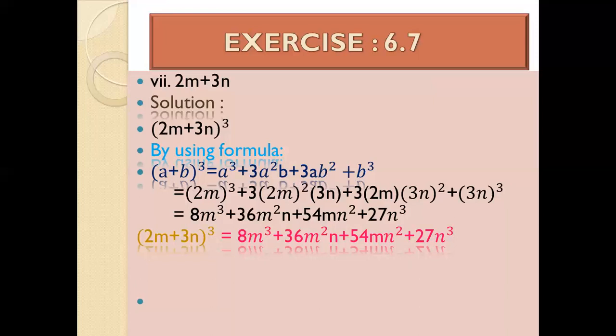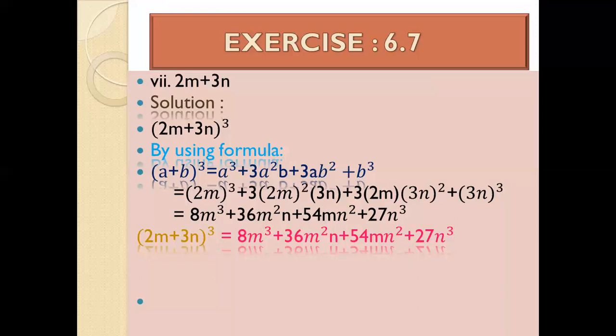But there is square on m, so the power of m will be changed and the power of n will be same. 36m square n plus 3 2s are 6m.